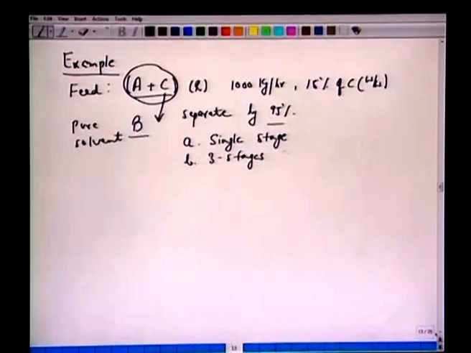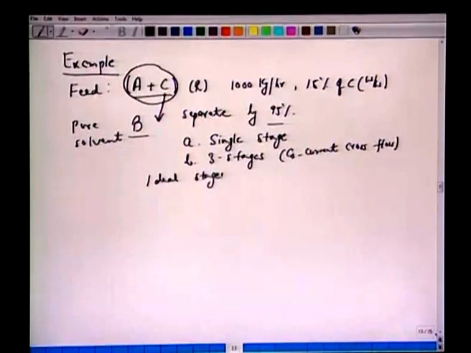These 3 stages are co-current cross flow, what we did in the very beginning of this section of the course. And we also assume ideal stages. So, all the stages are ideal, and if you recall, we said ideal stages means these are equilibrium stages.